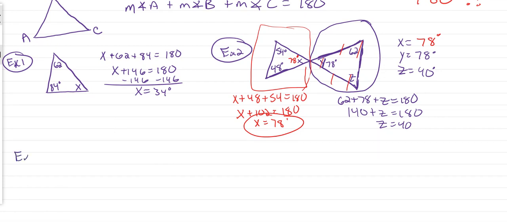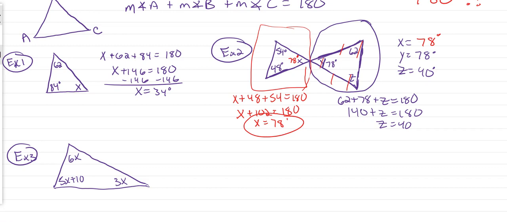And then example 3. So for example 3, let's just throw some variables in here. So let's say this is 6x, this is 5x plus 10, and this is 3x.